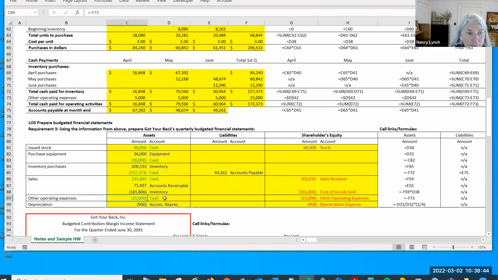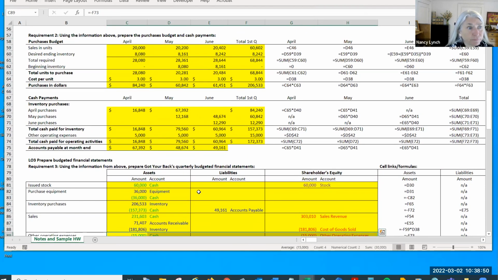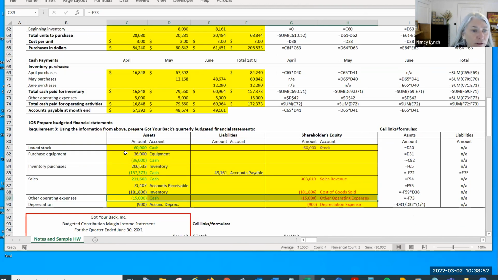And then these are your other operating expenses, and then depreciation. Remember, when you do depreciation, it's the cost of your long-term asset equipment divided by how long you think you're going to use it. You've got to be really careful here because this is a quarterly financial statement, so it's not a whole year or 1 month.